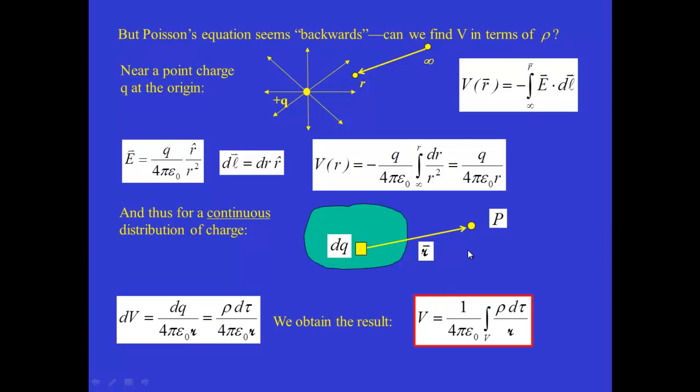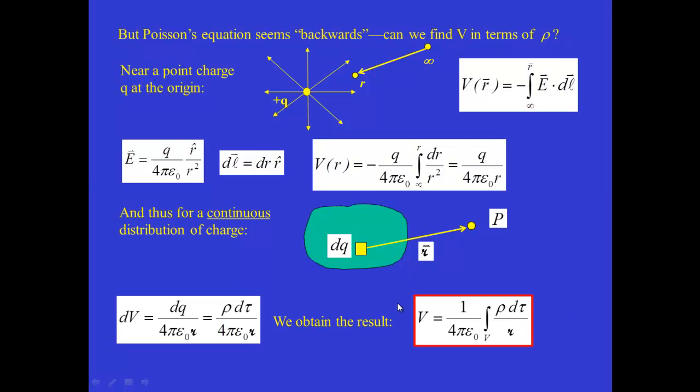Now, it still may be a rather complicated integral to do, because rho could be a function of position. And obviously the script r vector changes as we integrate throughout the whole volume of the charge distribution. That distance changes. However, it's just a distance, and there's no x hat, y hat, or z hat terms that are involved in finding the electric potential.